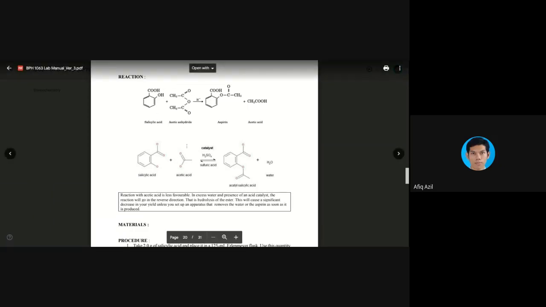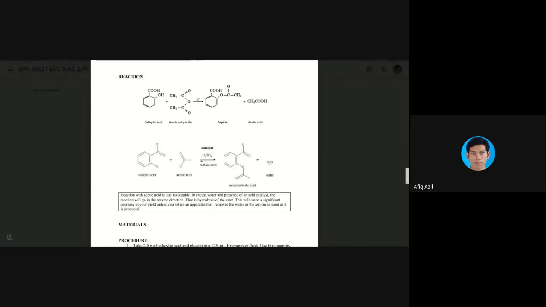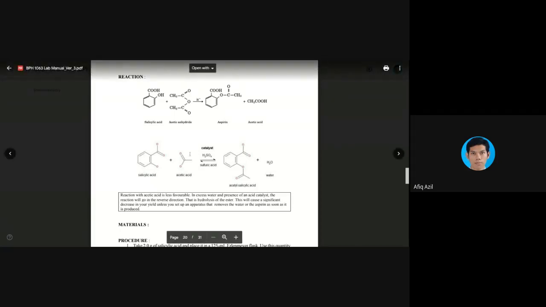So that's why our lab doesn't purchase this acetic anhydride. If you want to purchase it, it has to be applied for through the NPRA channel, meaning through KKM. You cannot simply purchase it from a chemical supplier directly.